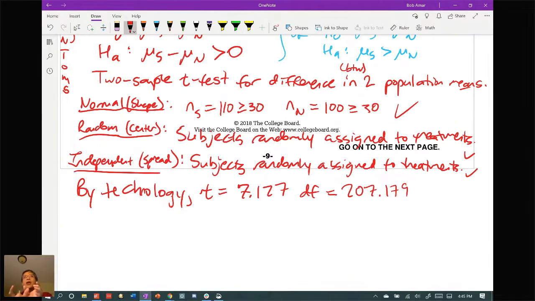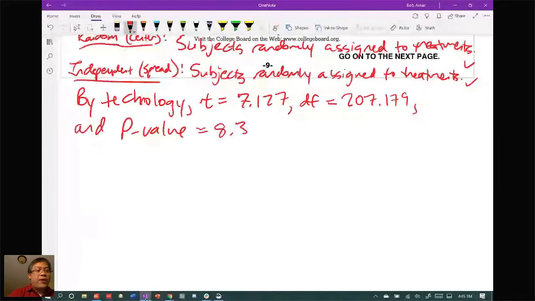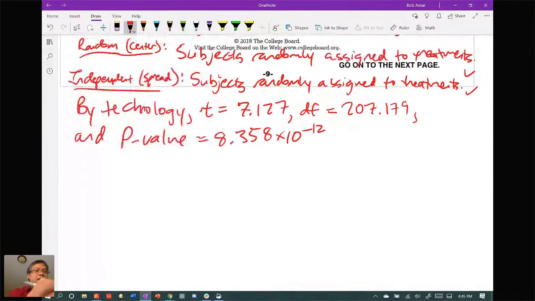When you combine the two t-tests, you don't have to just use n-1 for the smaller sample. You can actually have many more degrees of freedom than that, so this is a more powerful test. And the p-value is 8.358 times 10 to the negative 12. If you get a p-value of 8.358, that's a probability, it shouldn't be 8.358, right? You need to make sure that you include the times 10 to the minus 12. Please don't write e minus 12. It's scientific notation. It's times 10 to the minus 12. Okay, so that's my T and my O.